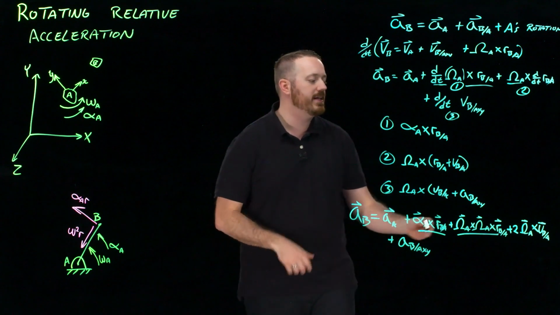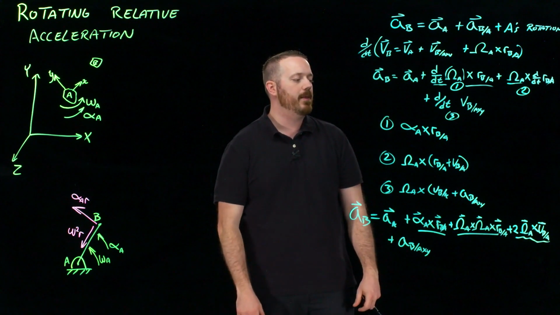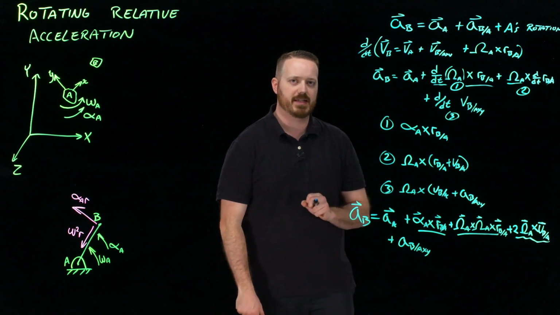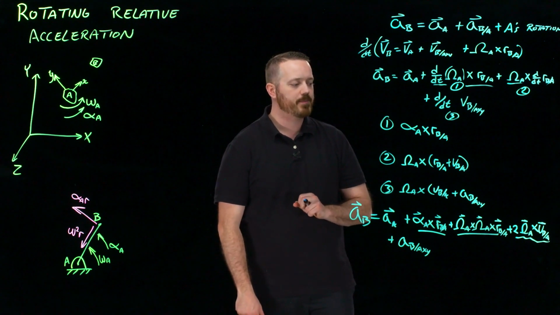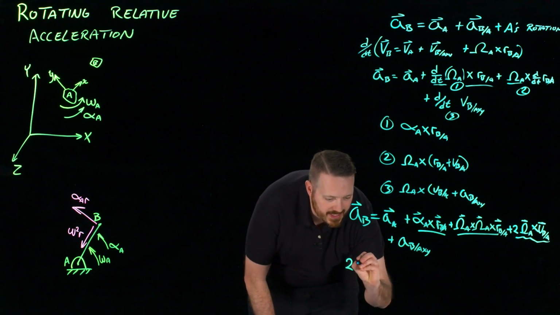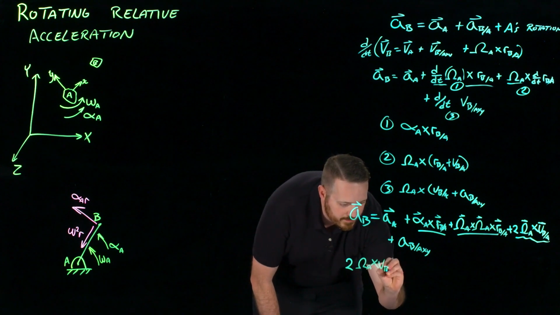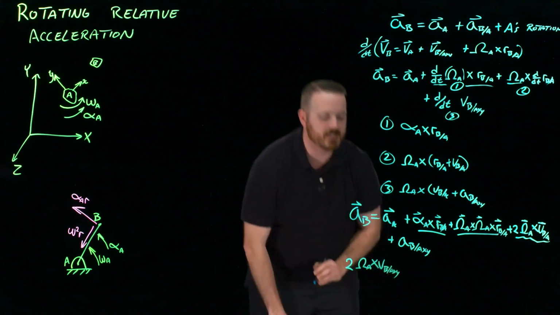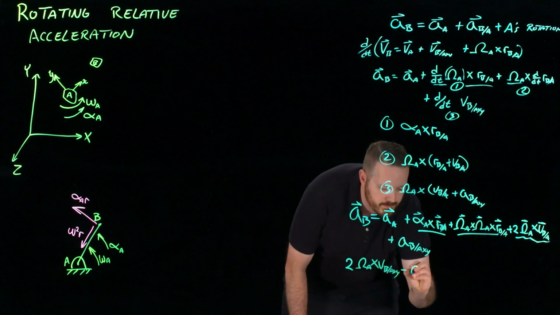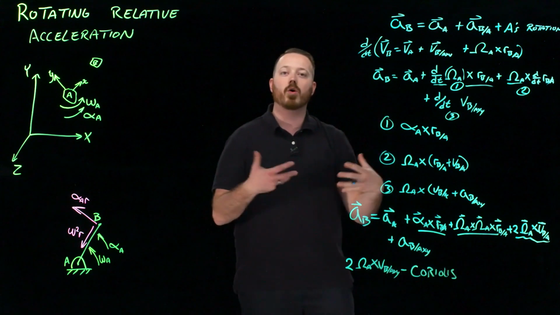So the thing that is kind of new here is this quantity, the 2 times the angular velocity times the linear velocity from A's perspective. So this portion here, this 2 times the angular velocity crossed with the linear velocity from A's moving perspective, this is the Coriolis component, or what's known as the Coriolis effect.